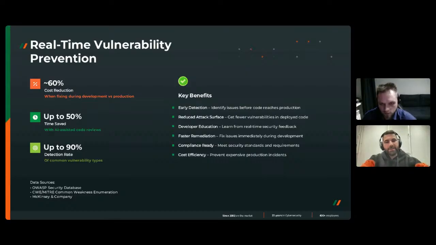But everything depends on it, and each application is unique for that. From our own experience, we can see around 60% cost reduction when fixing issues during development instead of after release, of course. But for example, while looking at the NIST data, they thought it's 30 times more costly than fixing in production.